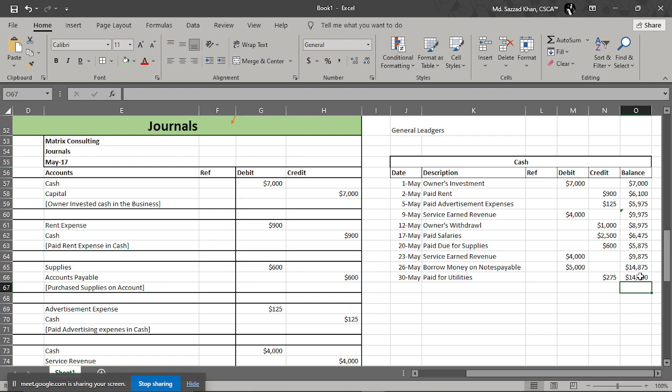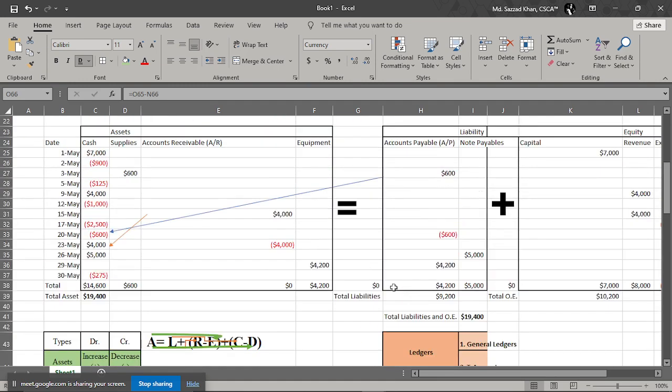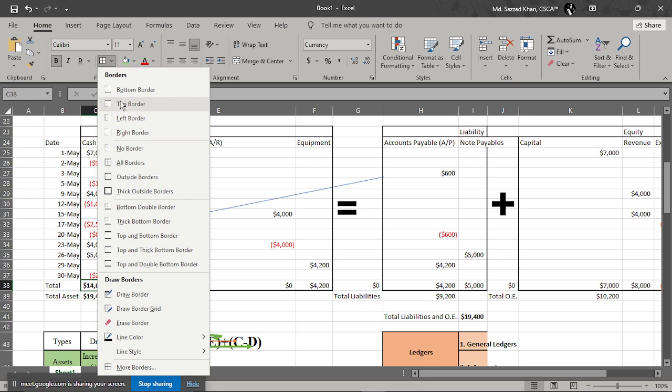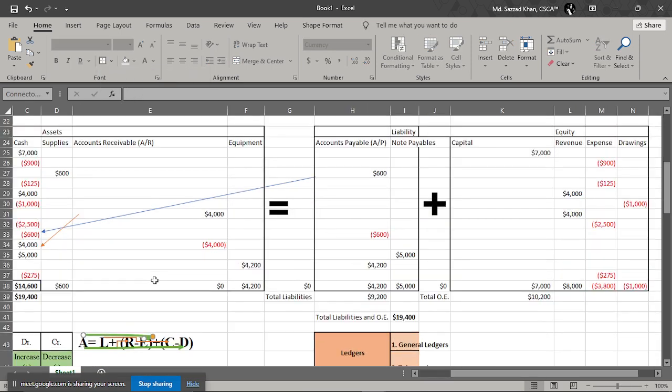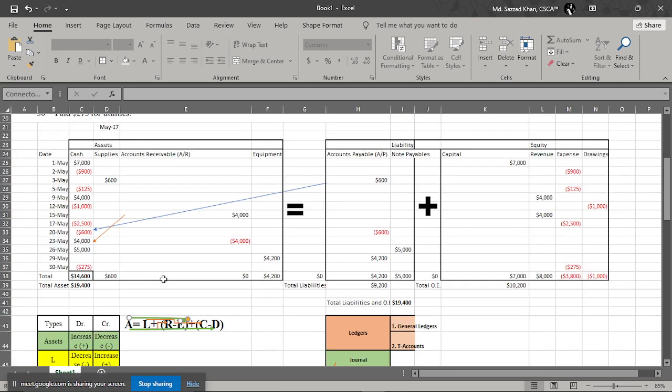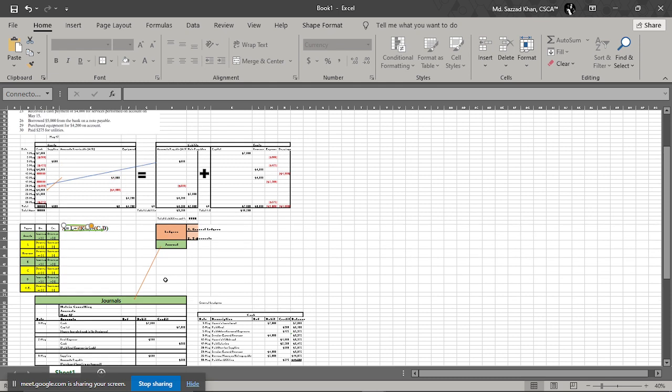As you can see, we get 14,600, right? And 14,600 is the total cash value, right? We have already solved it in here. Isn't it the same?